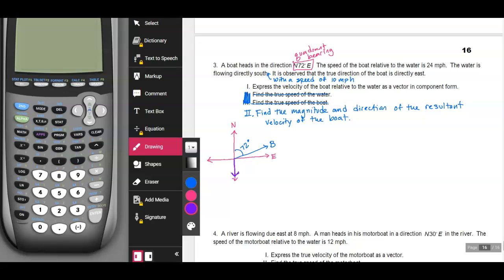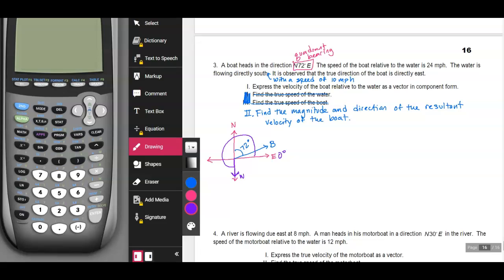It doesn't give us an angle, but if it's laying along the y-axis, what is our direction angle? And we'll call it W. Remember, direction angle starts at 0 and goes counterclockwise till it reaches our angle.